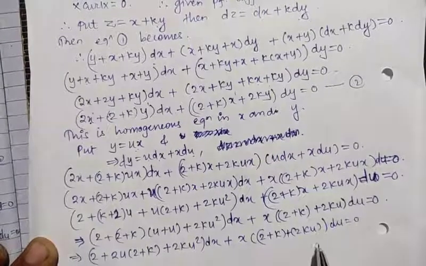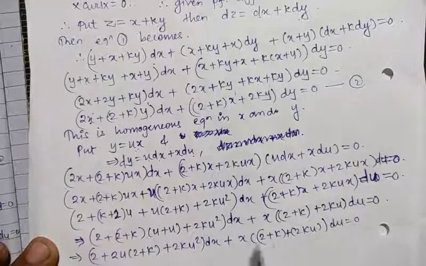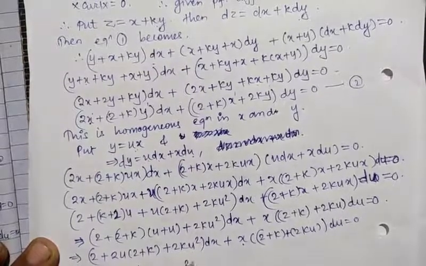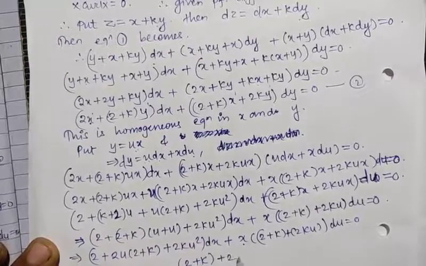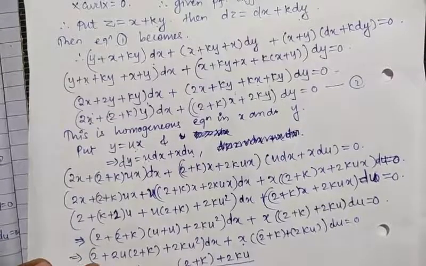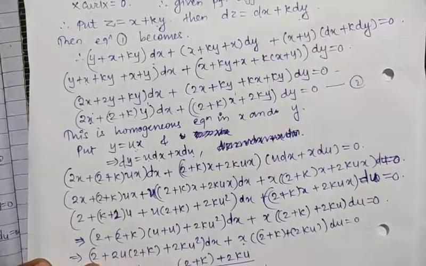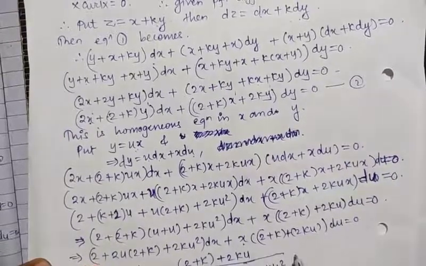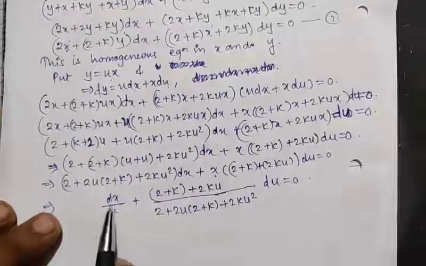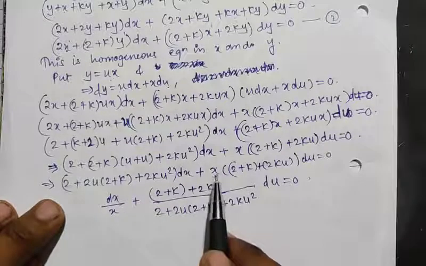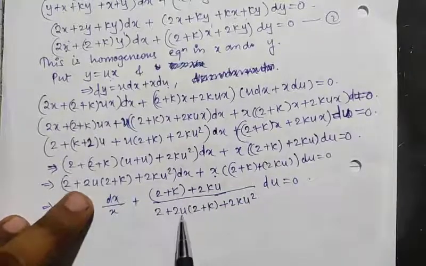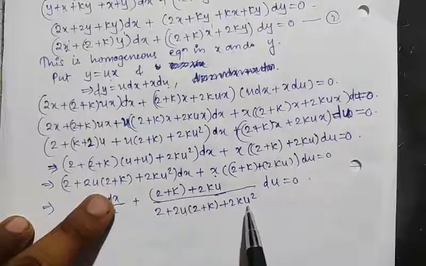So dividing this term to the other side and dividing by x, we get dx upon x plus (2 plus k plus twice k u) upon (2 plus twice u into (2 plus k) plus twice k u squared) into du equal to 0.